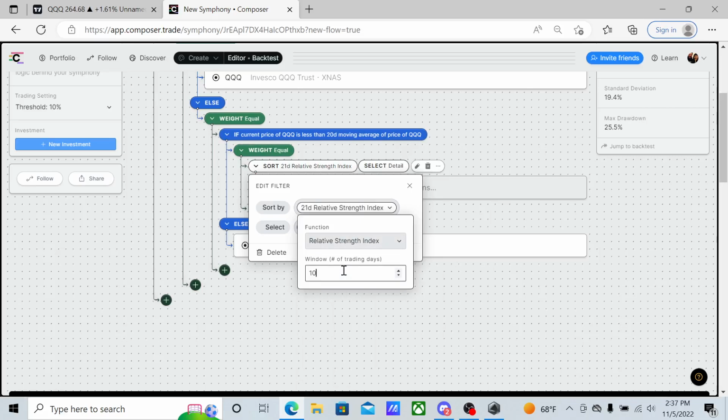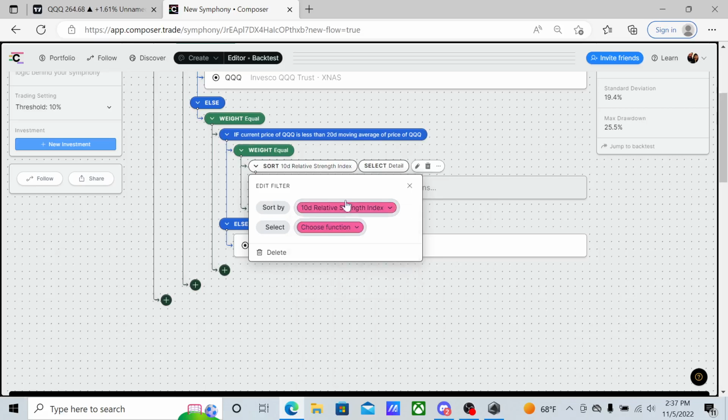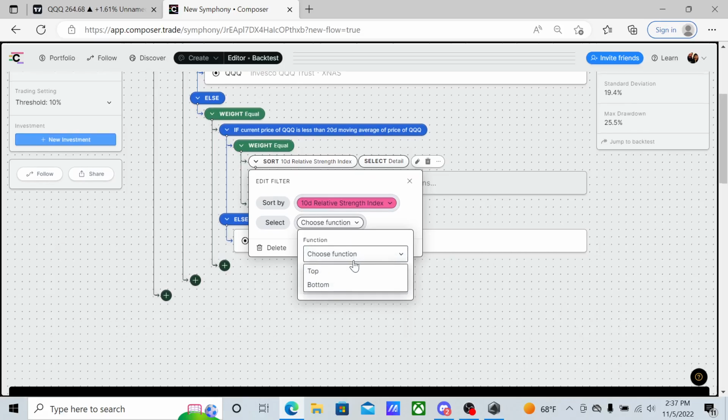Still going to use the 10-day RSI. And then if you go here, function, top or bottom. Top just means which one do you want to invest in, the stronger one or the weaker one. So if you want to invest in the stronger one, the one that has a stronger RSI, you're going to select top, and that's what I'm looking to do.